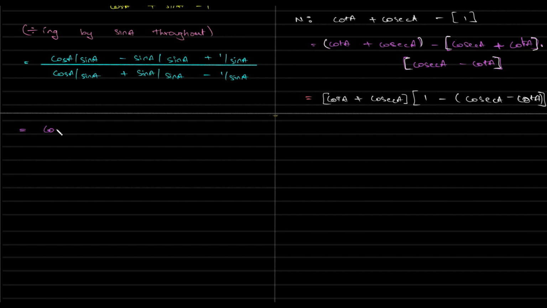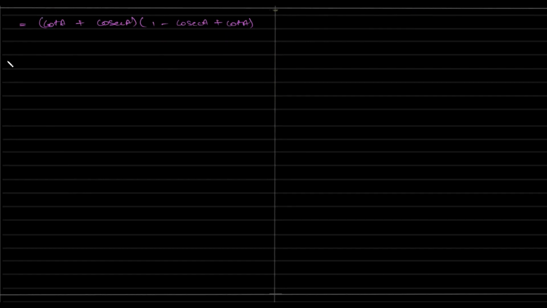So this is cot A plus cosec A, right? Cosec A into 1 minus cosec A plus cot A, right? So now we can do numerator by denominator.